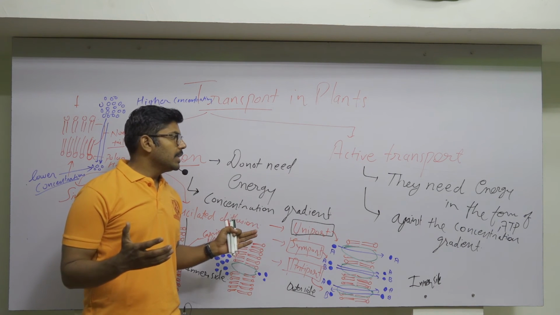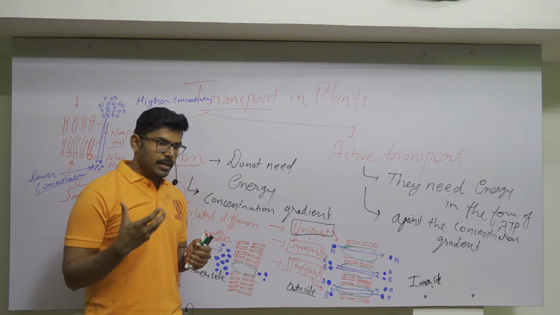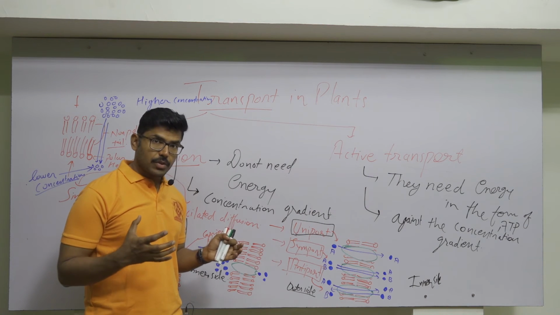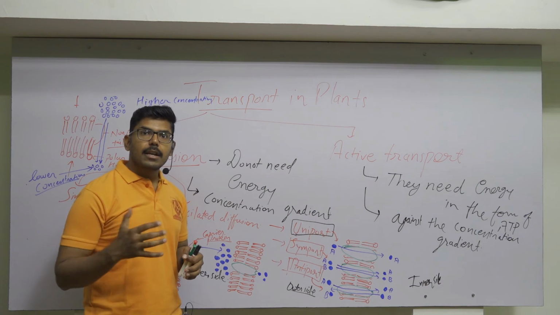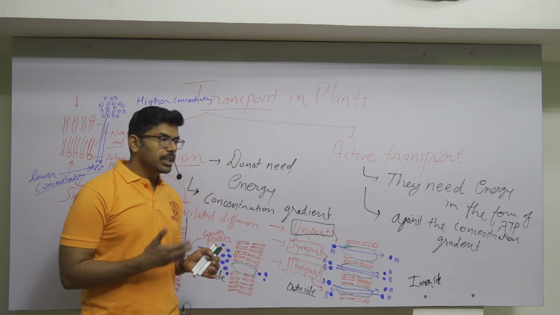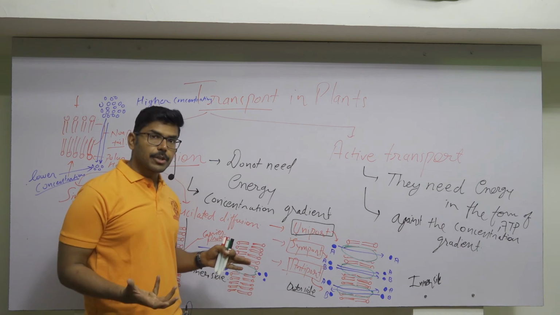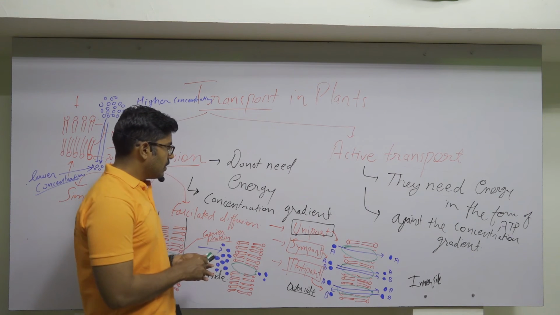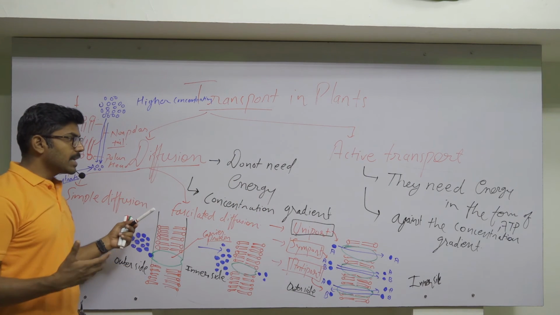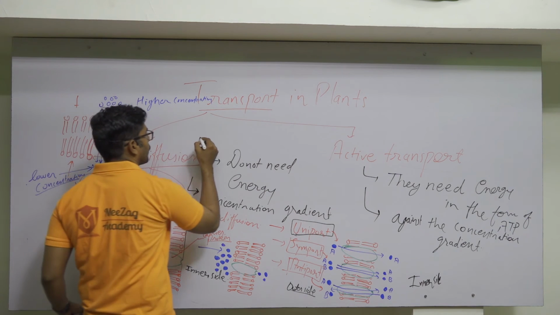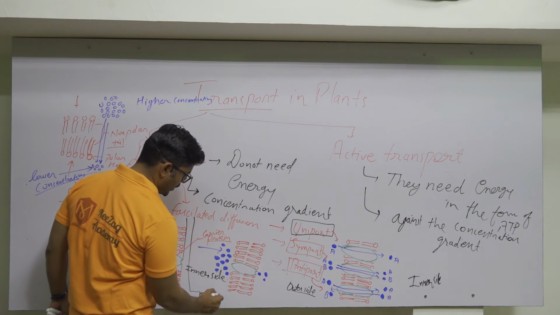For example, porins. Porins are transportation channels which are present in the mitochondria, chloroplast, and in the bacterial membrane. They can transport larger molecules. So porin proteins or porin channels are an example of facilitated diffusion.